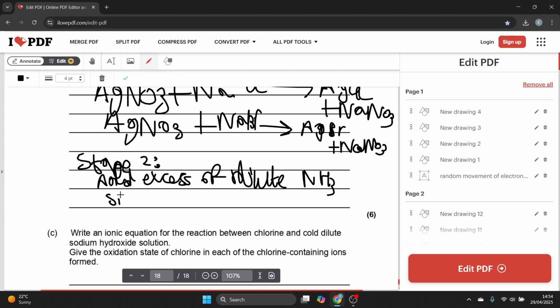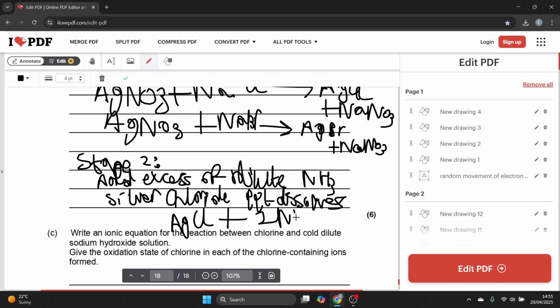What you notice is that the silver chloride precipitate dissolves, and it's the only one that dissolves, I'm pretty sure. So the equation is silver chloride plus 2NH3 to form Ag(NH3)2 plus Cl minus.